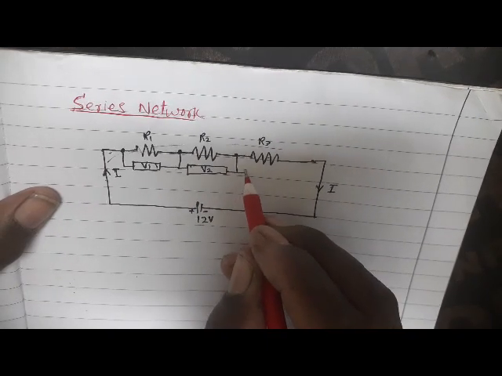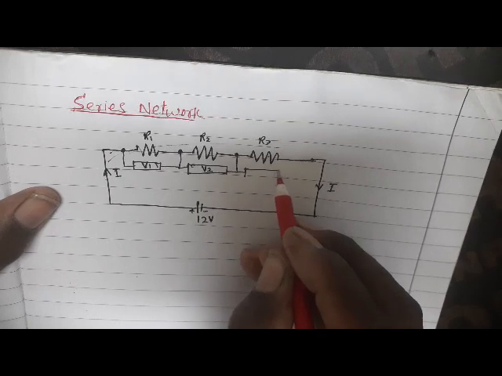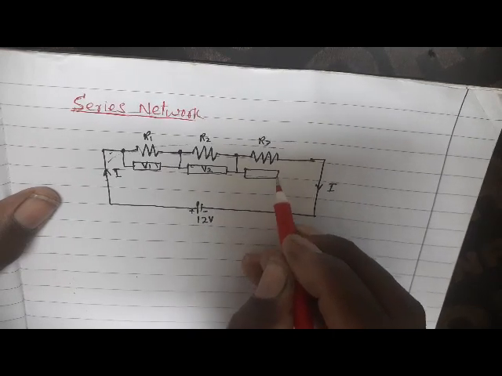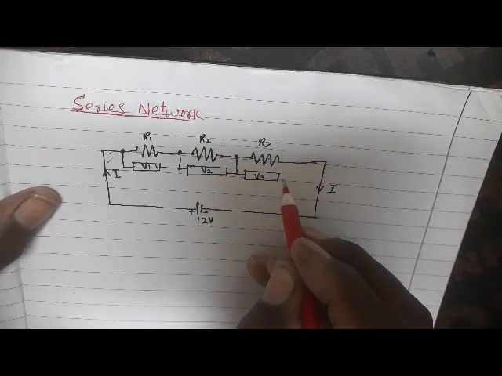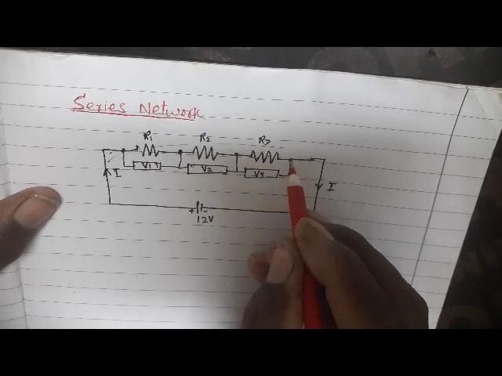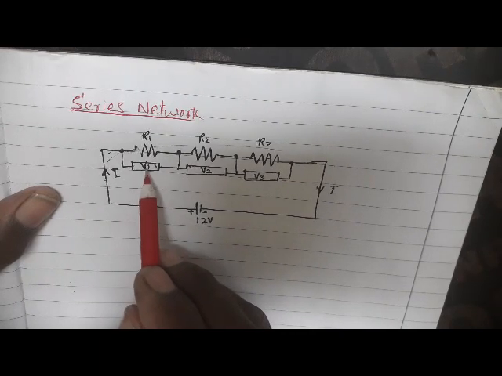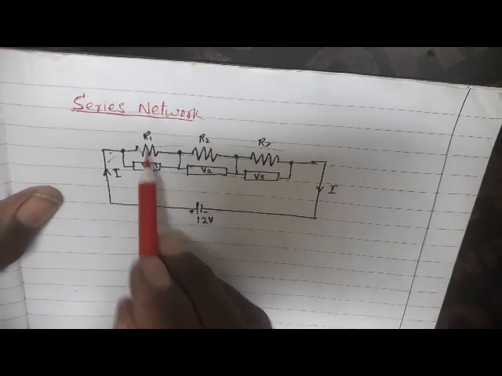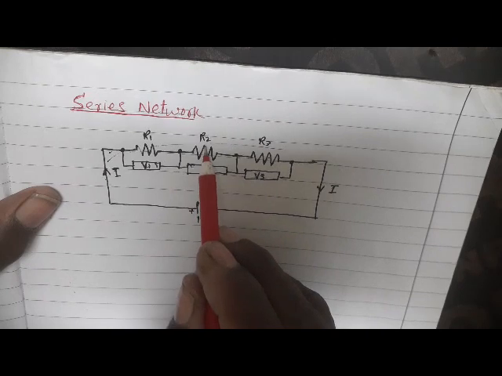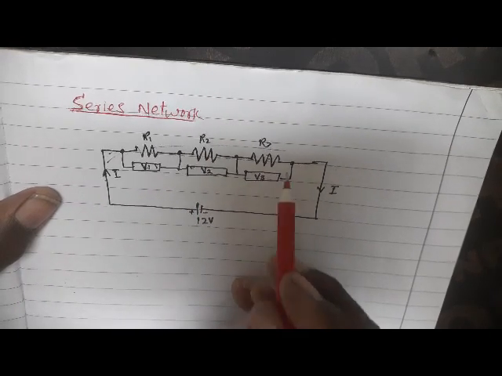And similarly, if I put my multimeter across this resistor, I will get the V3 voltage. So V1 is the voltage drop across R1, V2 across R2, and V3 across R3.